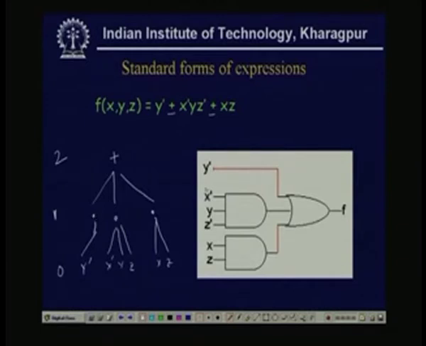These ANDs are at the first level. See here, only one literal y dash is there, 3 literals are there, 2 literals are there, and this is my second level OR.